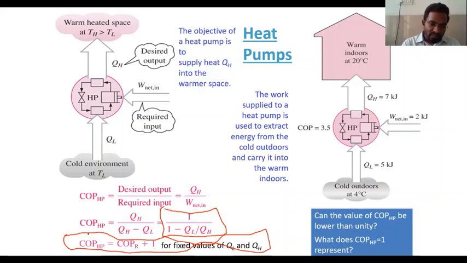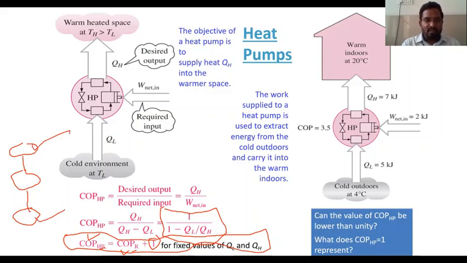Or in short, the COP of heat pump will always be greater by 1 than COP of refrigerator if that heat pump and refrigerator are working between the same source and sink. When those two devices are working with the same source and same sink, then COP of heat pump is always greater by unity than COP of refrigerator. This one we have proved mathematically.